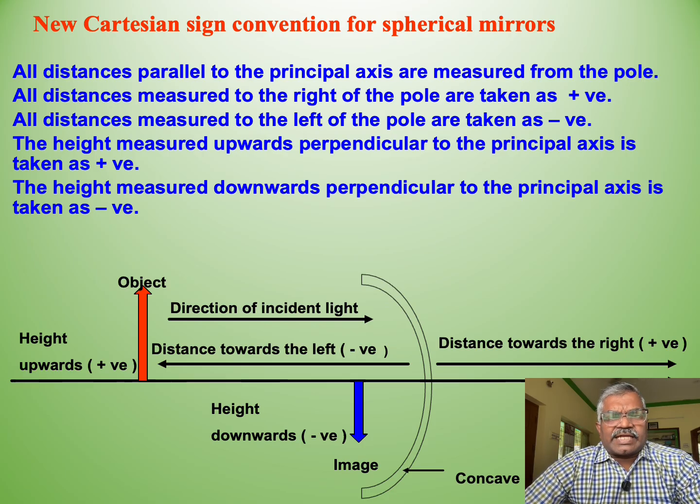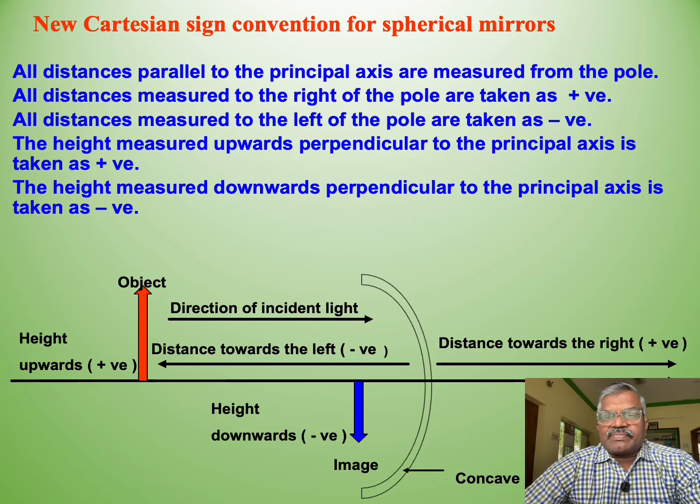New Cartesian sign convention for spherical mirrors. The Cartesian sign convention for a spherical mirror places the mirror's pole at the origin of the coordinate system, with the principal axis as the x-axis.